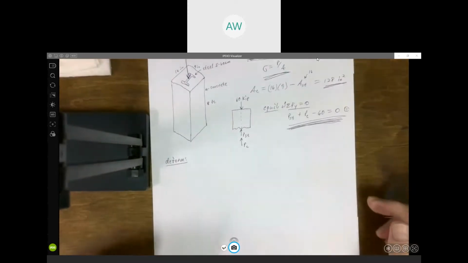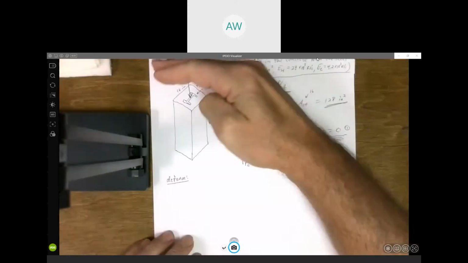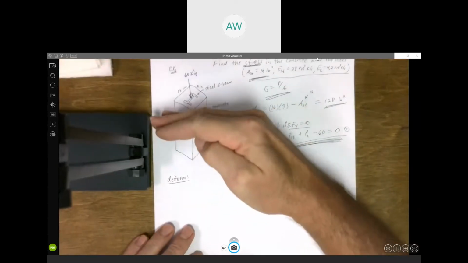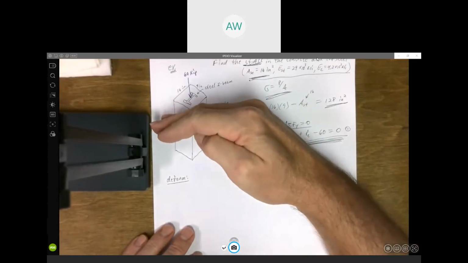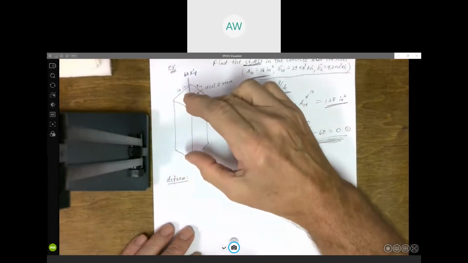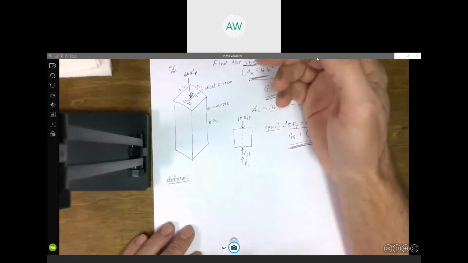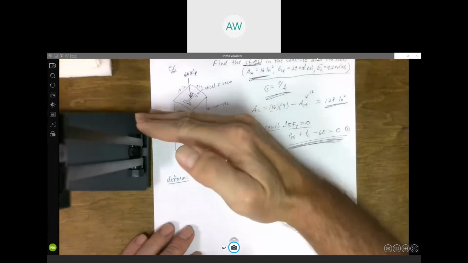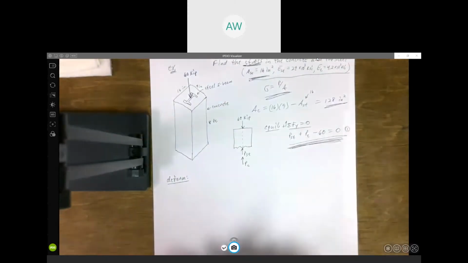Now in this case, we've got this big column and we're pushing down on that column. Well, whatever the deformation of that column is, it's the same for the concrete and the steel. They're both going to get pushed down some amount.